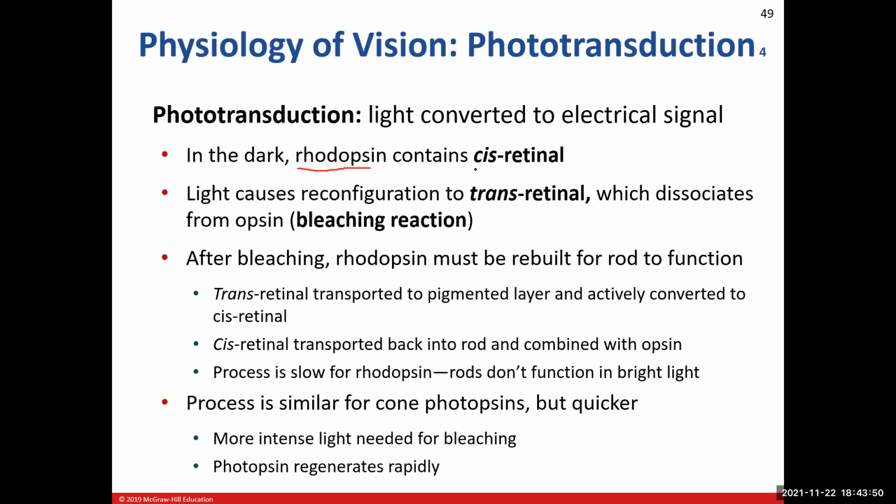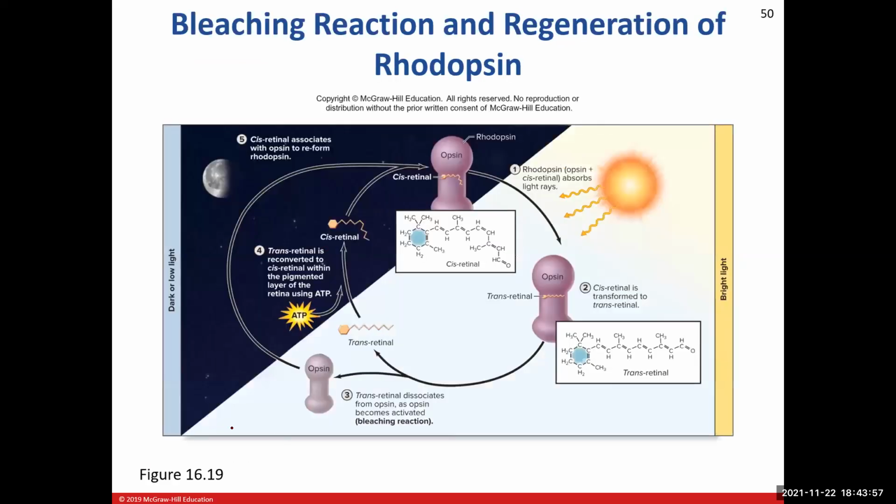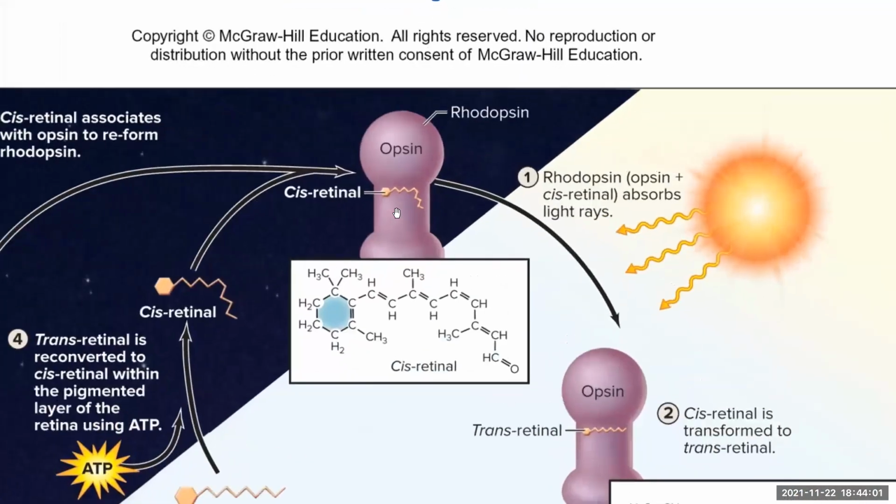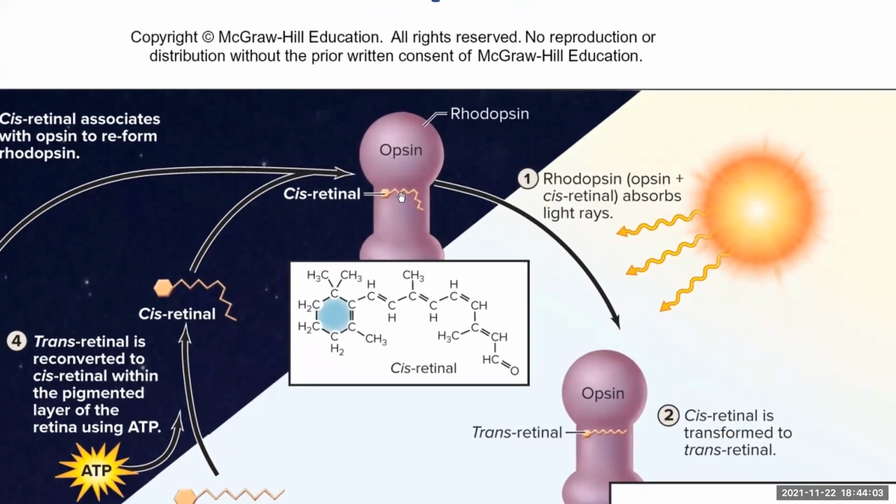the retinal is in a specific type of configuration. Let me just show you in a picture, and then I'll come back and show you in words. Here's our photopigment molecule, rhodopsin. Here's the opsin protein, and it has the retinal component attached to it.